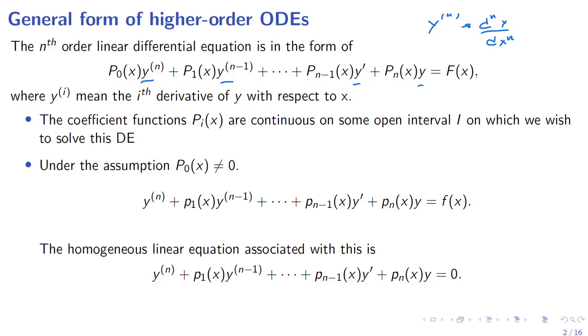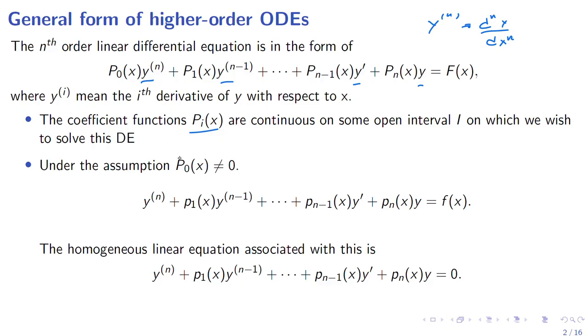So we'll have the ODE in this format with some coefficient functions p_i which are continuous on the interval I on which we wish to solve this ODE, and they don't need to be linear. Yet y^(n-1) and y', y, they are linear terms.